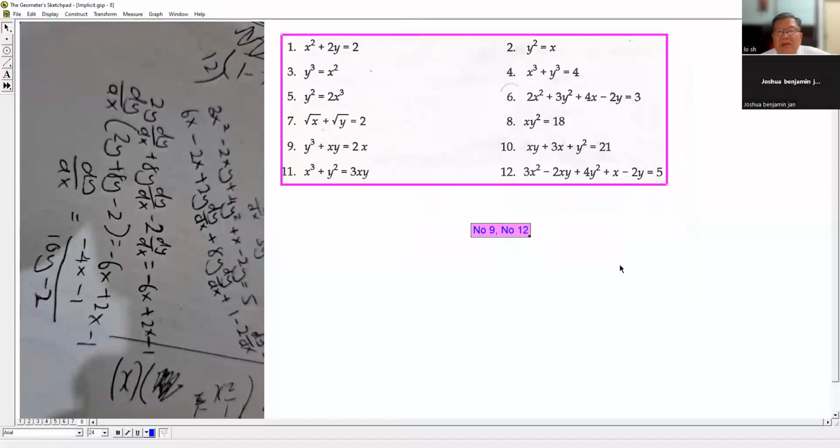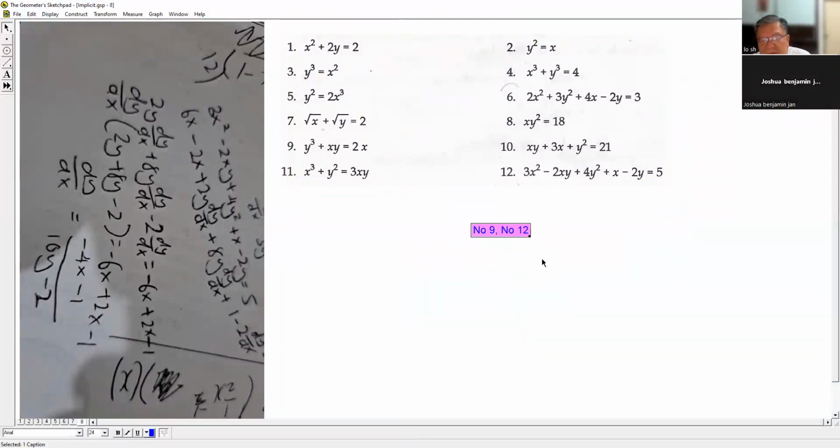Okay. So the question is number 12, is it? 12, 3x squared is 6xy. This is correct. So this is correct. Okay. 2xy.